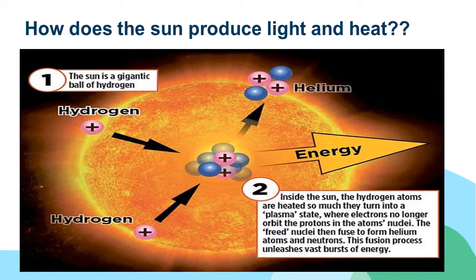When they react, they produce a huge amount of light and heat. Light and heat travel through space in the form of waves, and some of these waves reach the Earth.